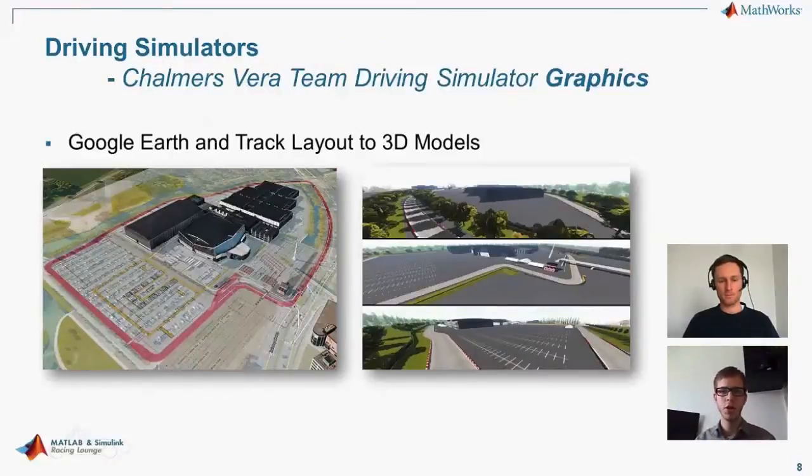So the visual stuff that I talked about before, a quick overview of how we did it. We started out with combining the Google Earth map from where we're competing, in Rotterdam in the Netherlands. Okay. So we put the track layout from the officials on Google Earth, and we tried to match the track to the actual world. So you actually created a 3D model on your own. You didn't have access to existing 3D models.